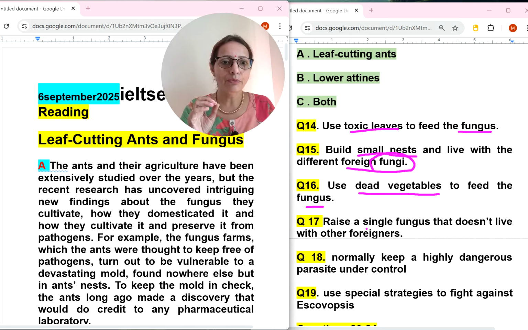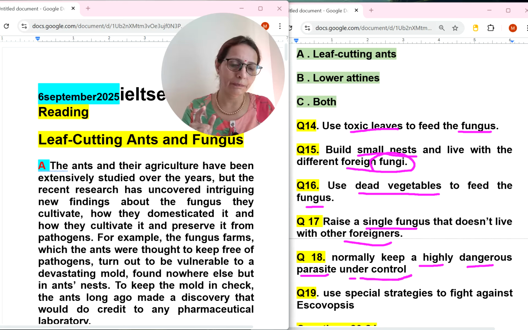Raise a single fungus. Okay, single fungus is important, that doesn't live with other foreigners. Foreign fungi was given, other foreigners means other fungi. Next, normally keep a highly dangerous parasite under control. Okay, under control, parasite, some dangerous parasite.